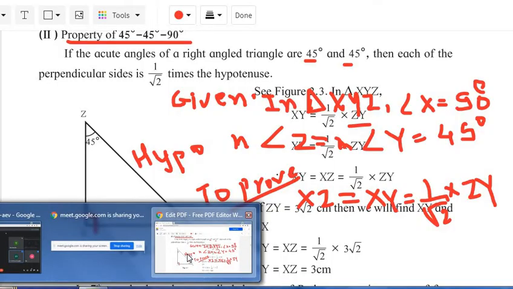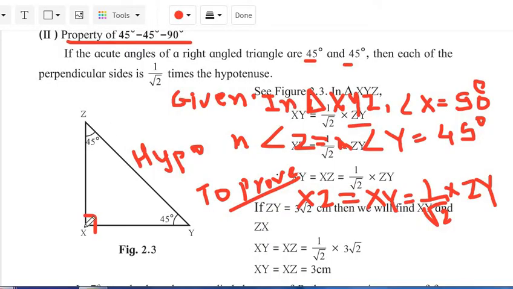Then here XZ is equal to XY, because these two angles are congruent. If two angles are congruent, then the sides opposite to the congruent angles are also congruent, and therefore XZ is equal to XY.